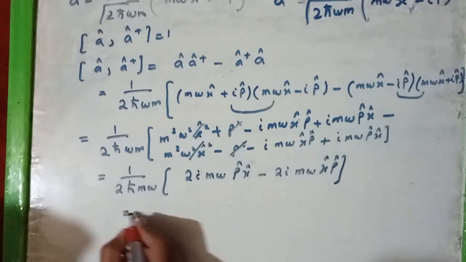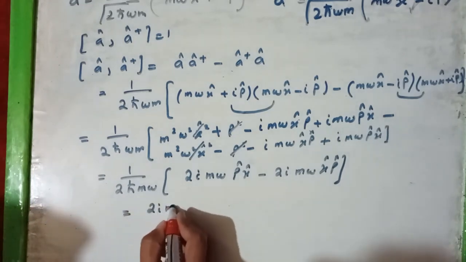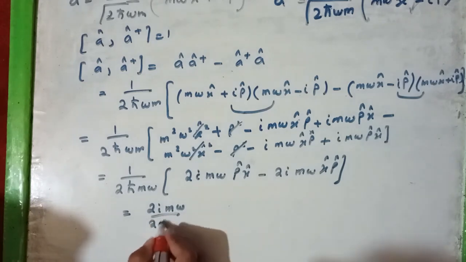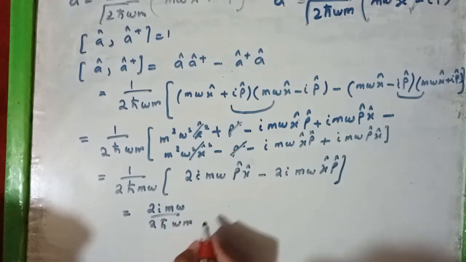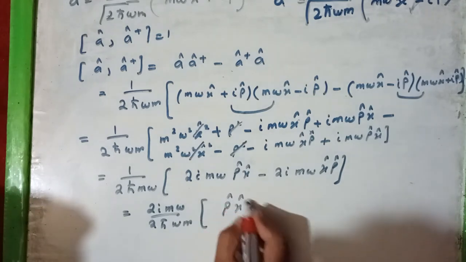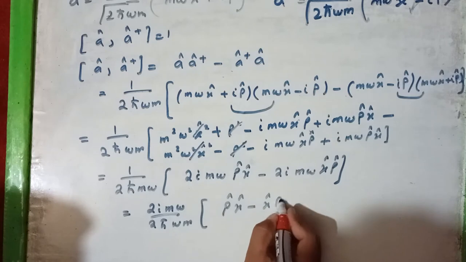Now we take common 2 i m omega. So this becomes 2 i m omega over 2 h-bar m omega multiplied by (p x minus x p).